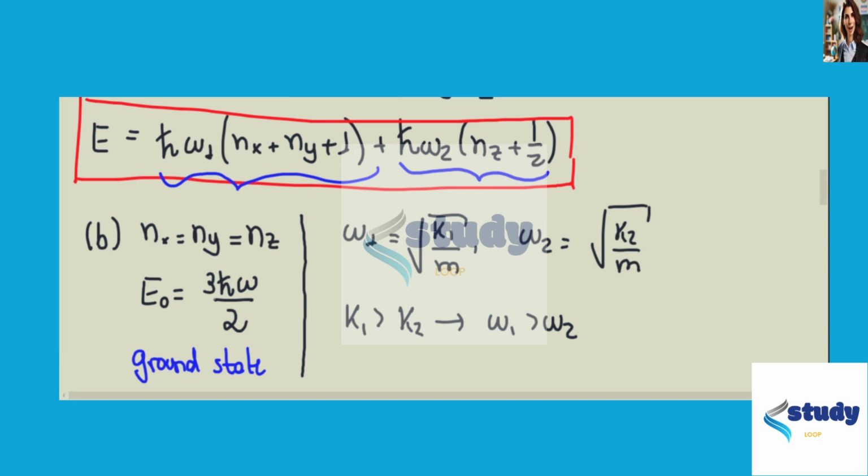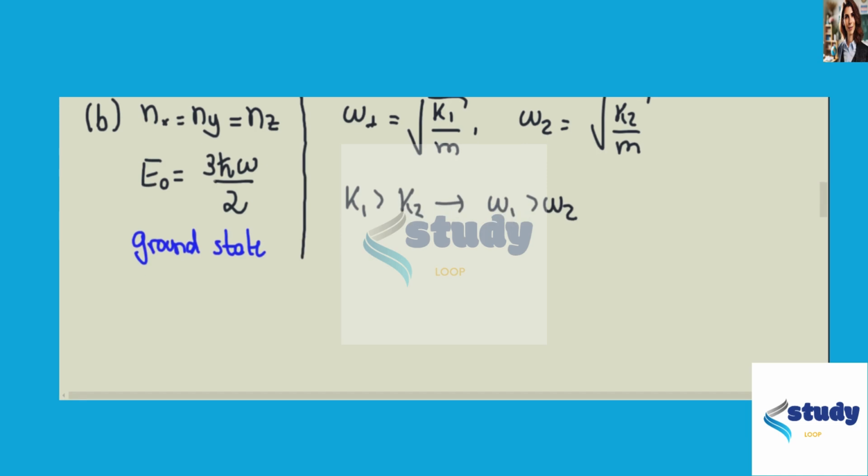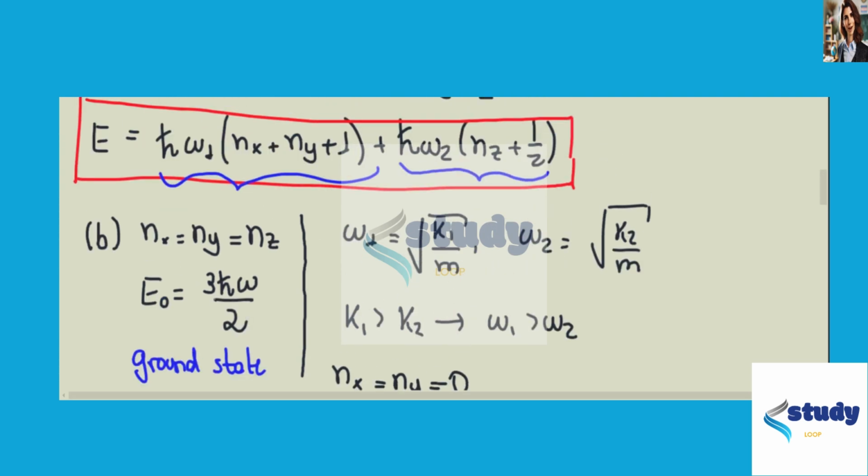So the first excited level, the one that's immediately above the ground state, will happen when nx and ny are equal to 0, but nz is equal to 1. Notice that if nz is equal to 0, but nx is equal to 1, for example, the energy will be greater.